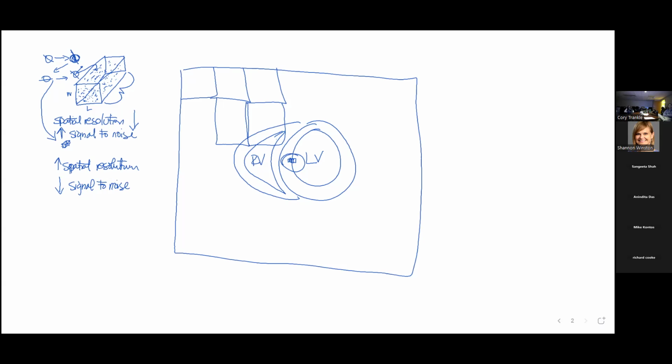High spatial resolution, small voxels, low signal to noise. Big voxels, low spatial resolution, high signal to noise. So we're trying to do this cardiac stuff, and how do we set the spatial resolution of the image?